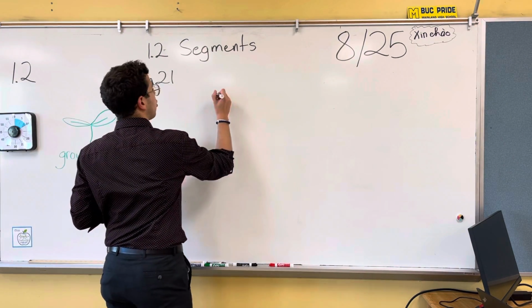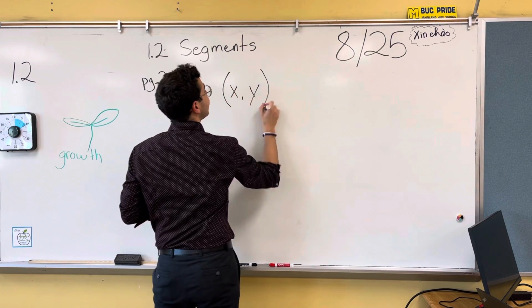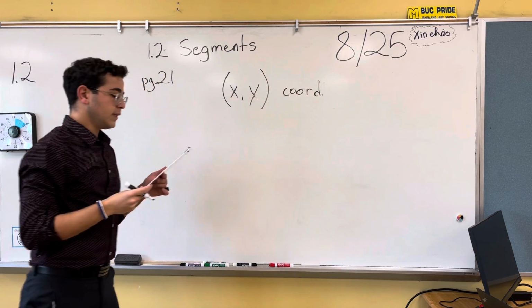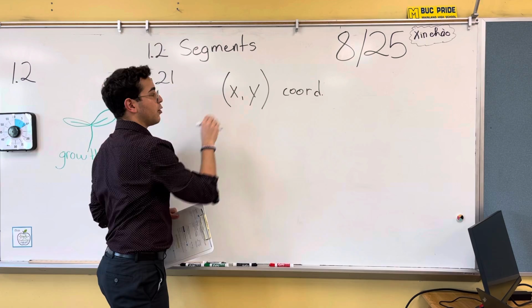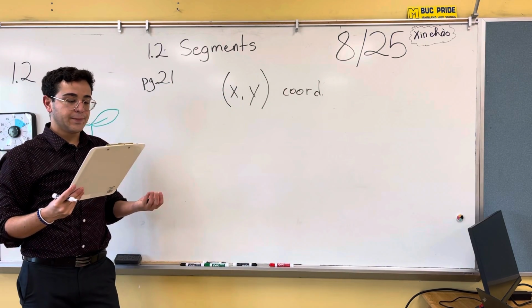We have a coordinate written as X, Y. Again, this is a coordinate. Our X value is always the first number. Our Y value is always the second number.